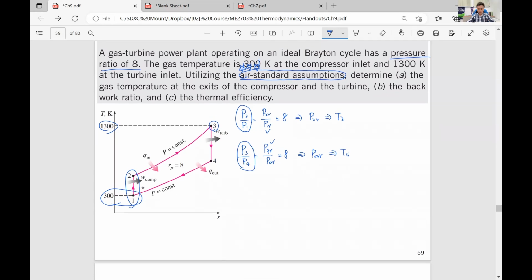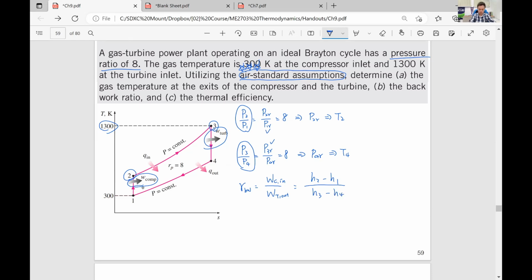Then the back work ratio is defined by the compressor work input over the turbine work output. The compressor work input should be H2 minus H1, and the turbine work output should be H3 minus H4.